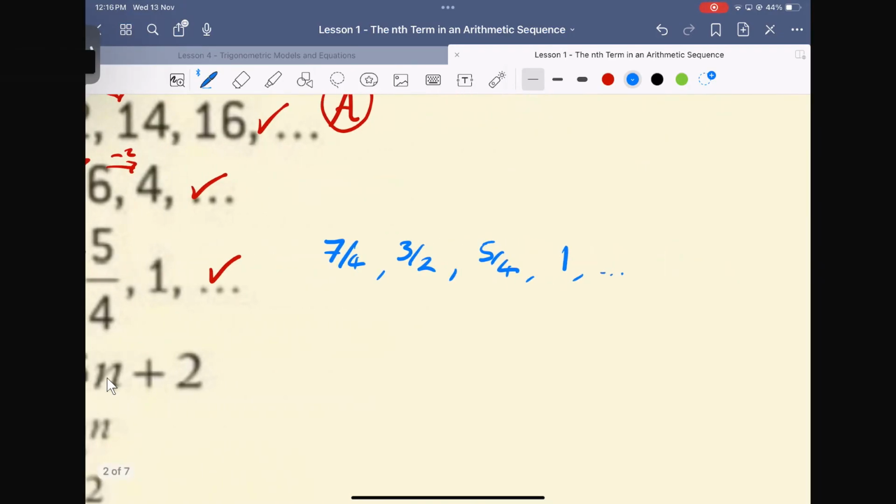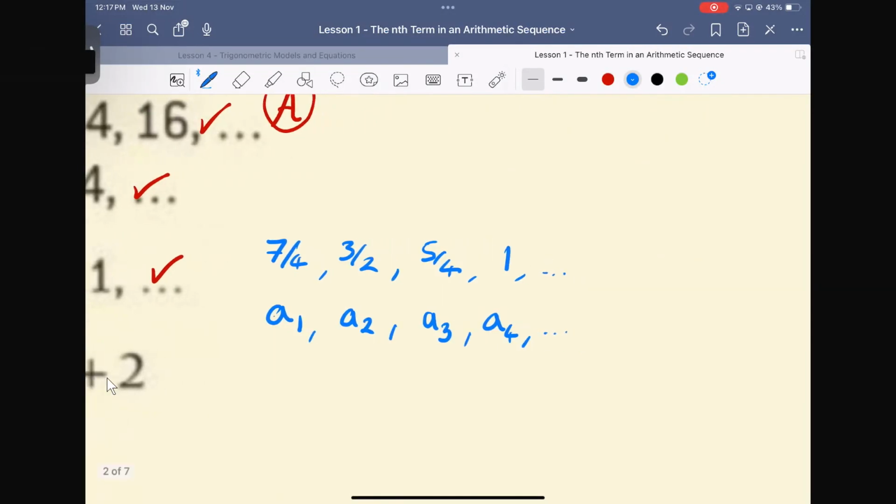We want some terminology to describe terms in an arithmetic sequence. To describe a term, we use this subscript strategy: a1, a2, a3, and this is a4. The general term in an arithmetic sequence would be a subscript n.